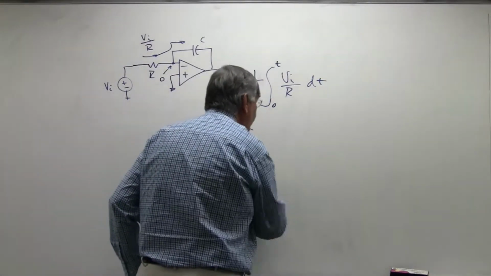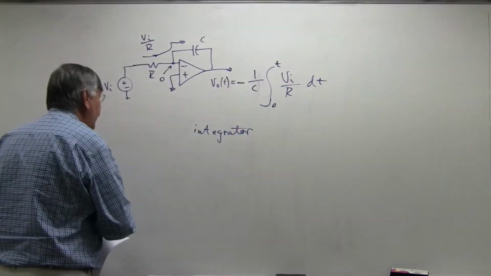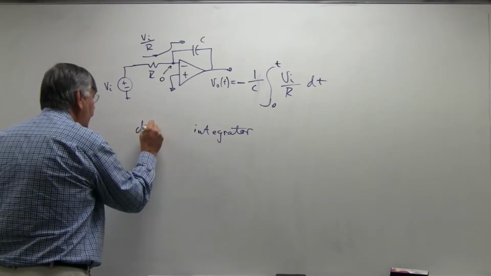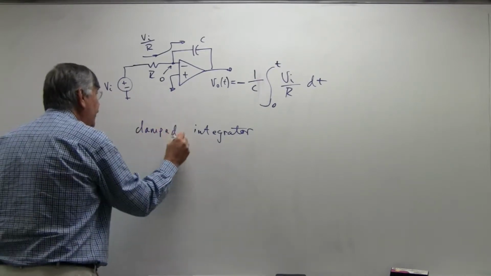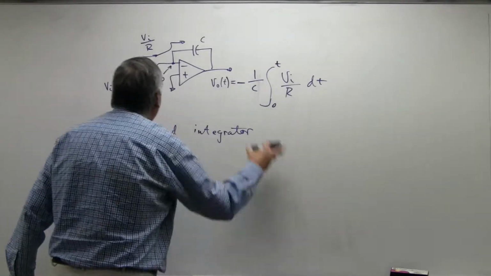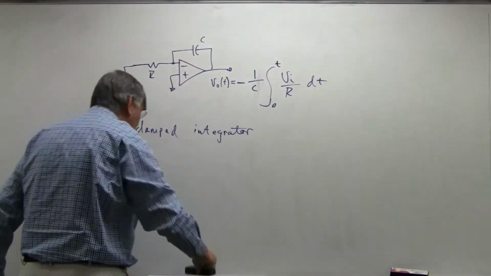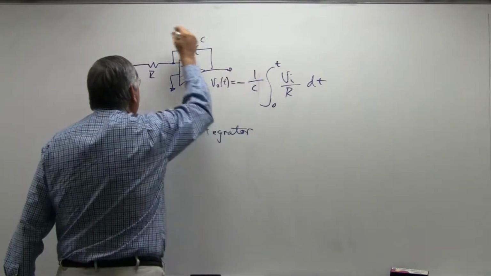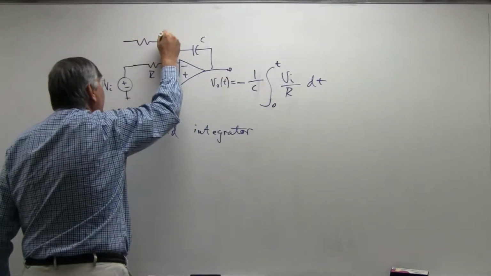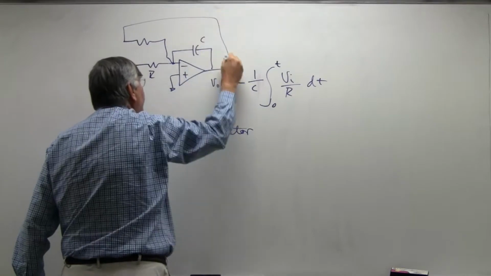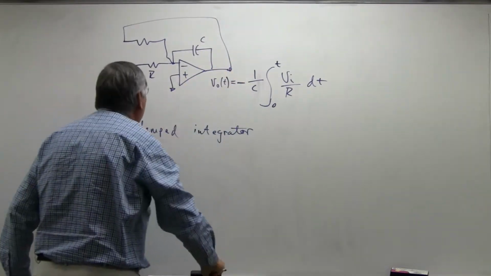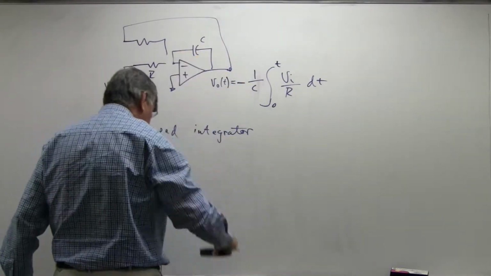Sometimes we call the way to make it stable a damped integrator, and sometimes we call it a low-pass filter. The damped integrator can be implemented by taking this same circuit and taking a fraction of the output and feeding it back around to the input. So now the total current, let me draw this slightly differently.